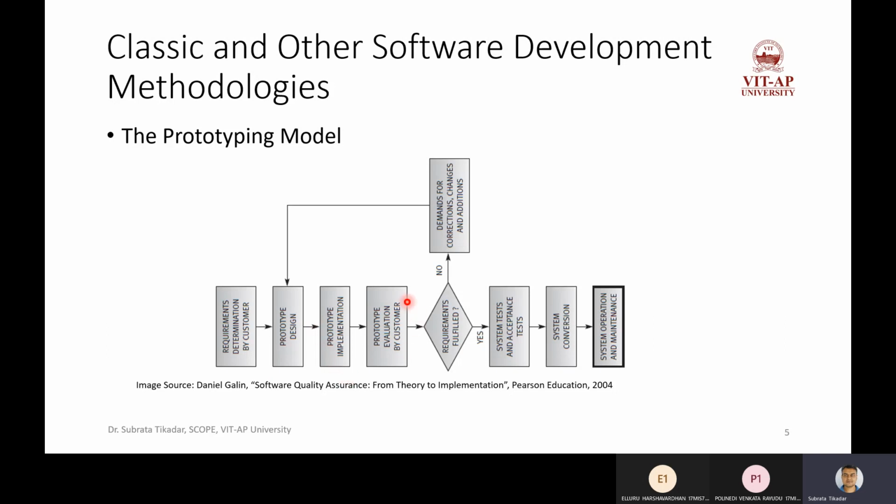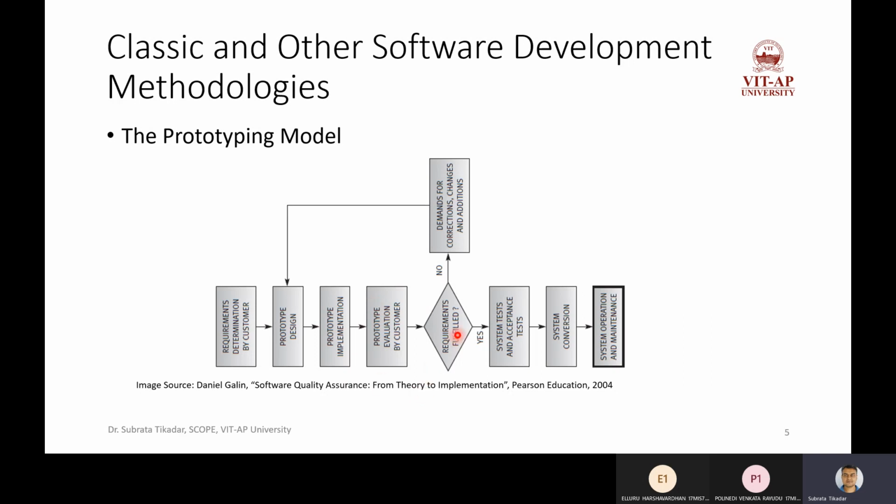Then the prototype is evaluated by the customer, not the development team. There are many kinds of prototypes like low fidelity, medium fidelity, and high fidelity prototypes. I'm not going into these details, but for the time being, just remember this: the basic prototype is first created, then the customer evaluates that prototype.